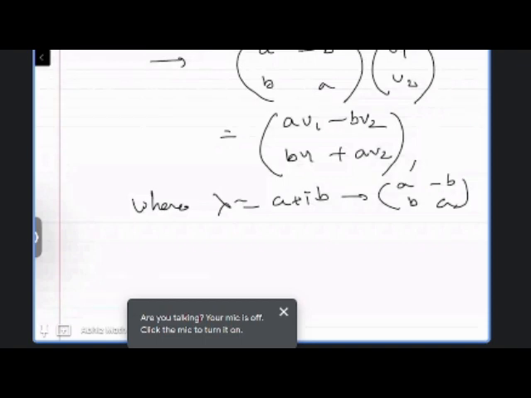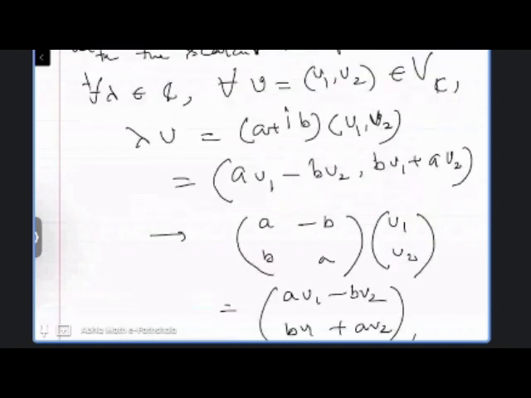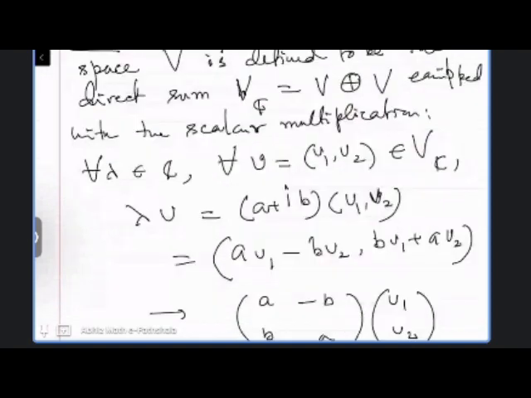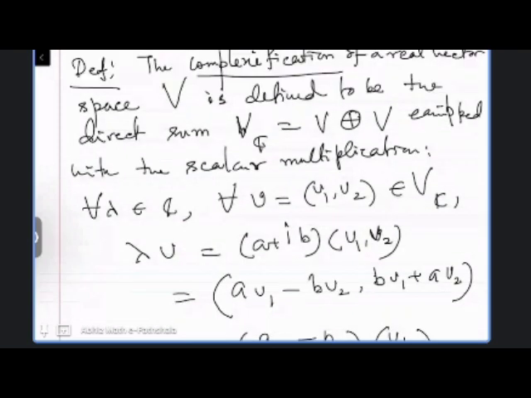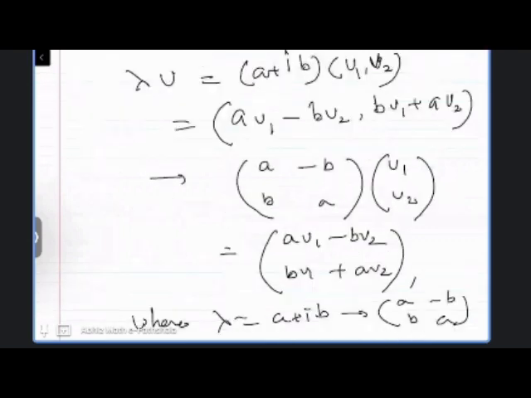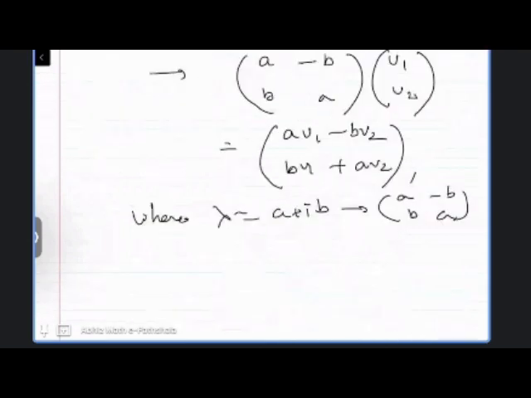You are considering each element of V_C as a column vector, right? V plus V, direct sum. So that means you are taking it as a column vector. And look at this multiplication that I'm going to define.